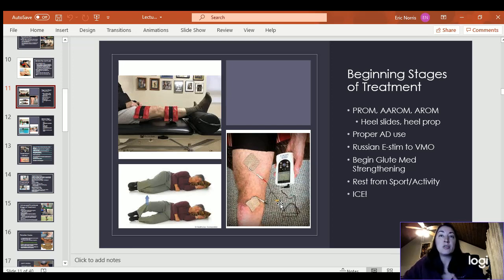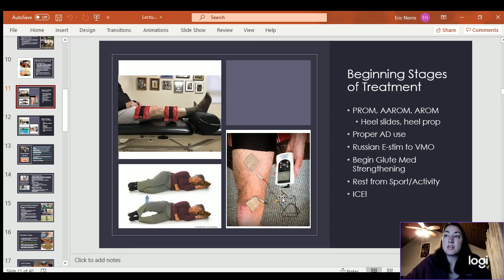So when we're doing Russian stim, we typically have the patient contract the VMO while the machine is contracting, so that the machine is contracting from top down, the big to the small, and the force from inside the muscle itself is going from bottom up, the small to the big, so that it's getting fully contracted. And that is what we would call Russian stim.